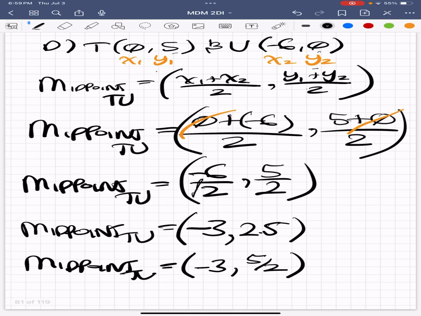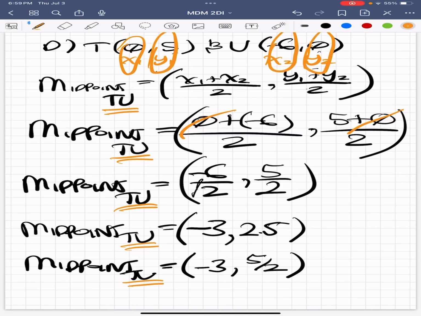And then we'll put in a therefore statement, but only after we color it up. And let's do a therefore statement.